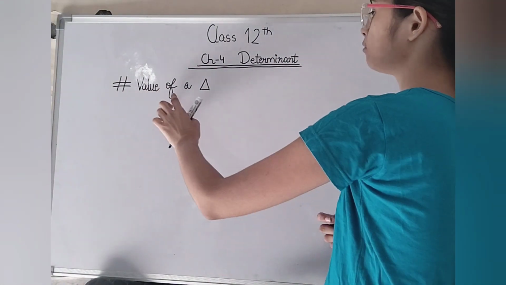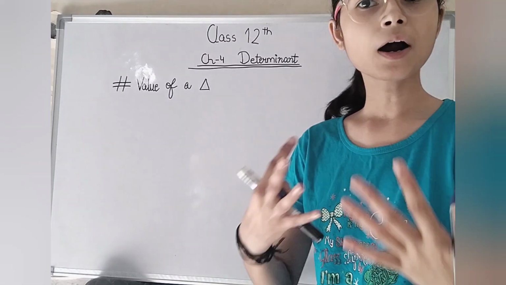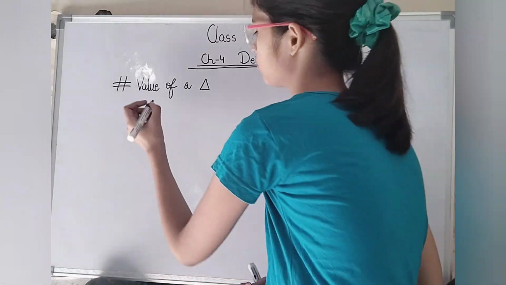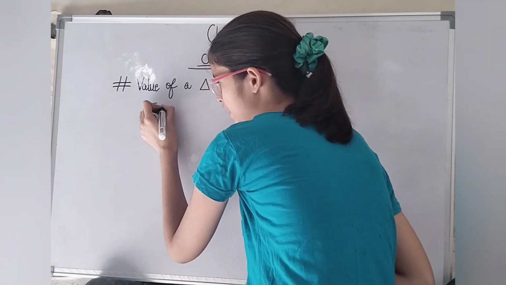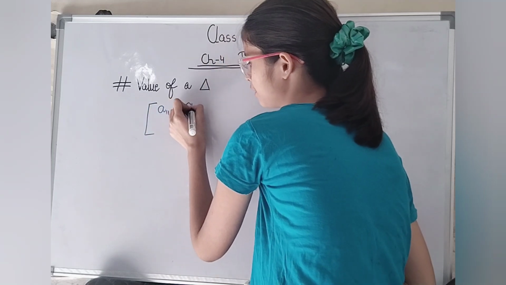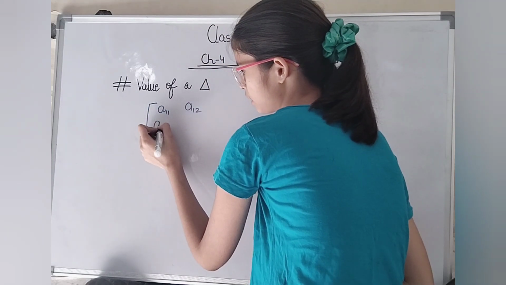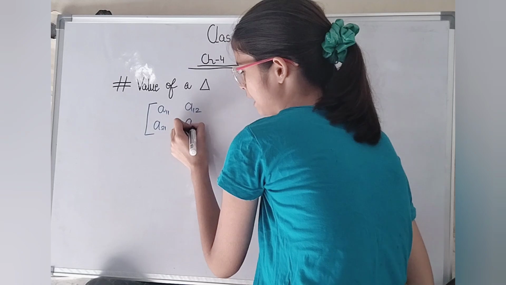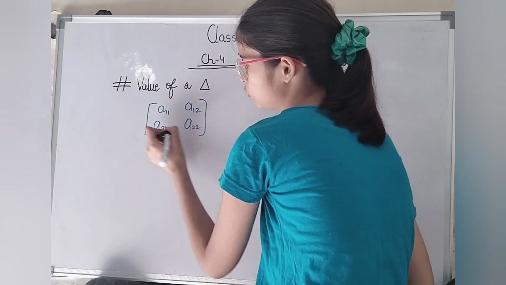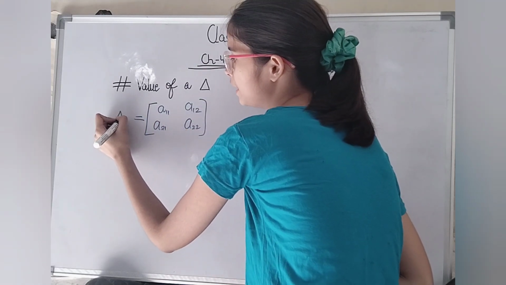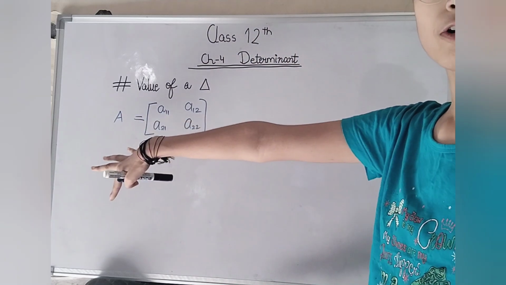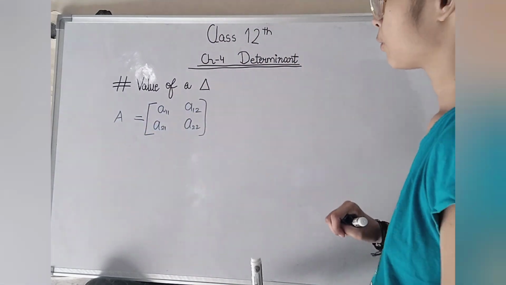Now talking about the value of a determinant. So how do we find the value of a determinant? For example, if we are given a determinant A11, A12, A21 and A22. So this is a determinant and we are supposed to find the value of this determinant. Then how are we going to find it?